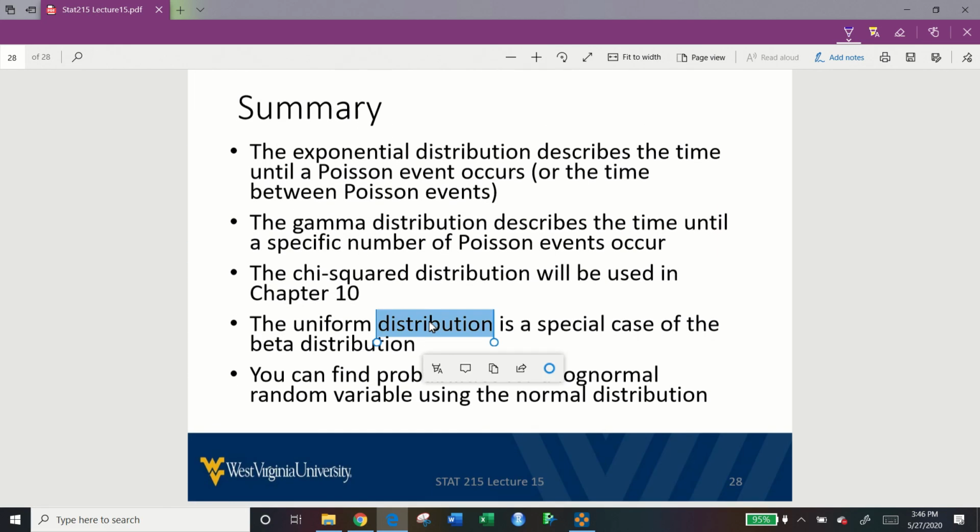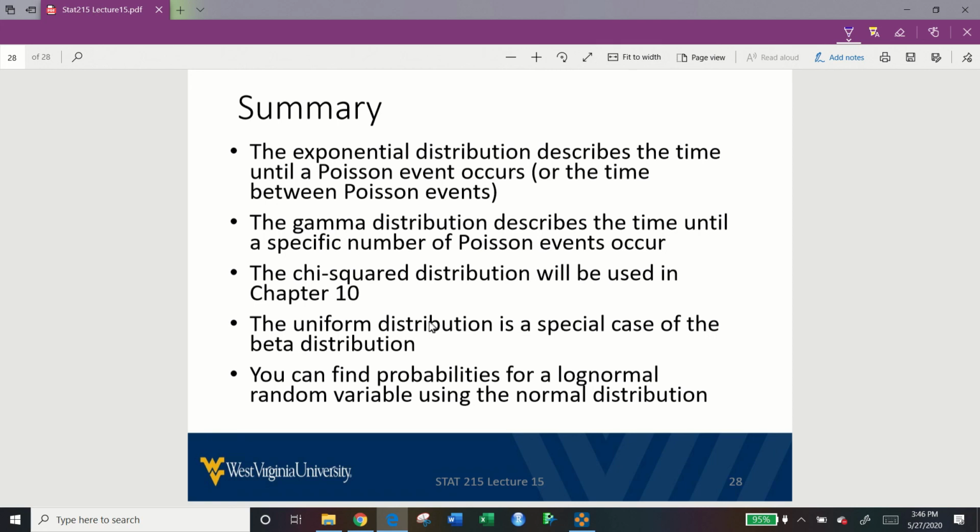Okay, so this brings us to the end of this lecture. Let's take a quick summary of all that we covered. First, we talked about the exponential distribution, which describes the time between Poisson events. Then we talked about the gamma distribution, which describes the time until a specific number of Poisson events occurs.